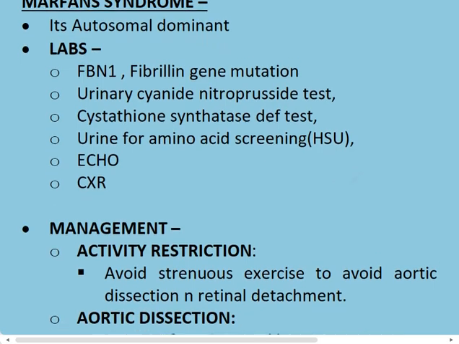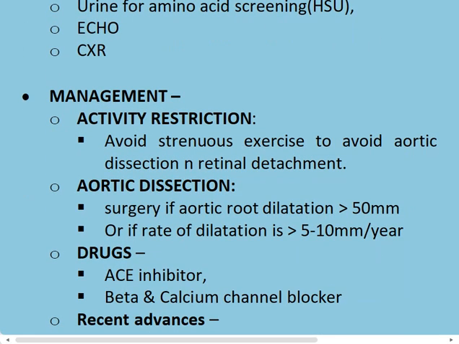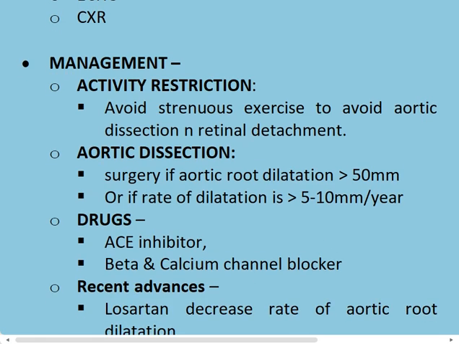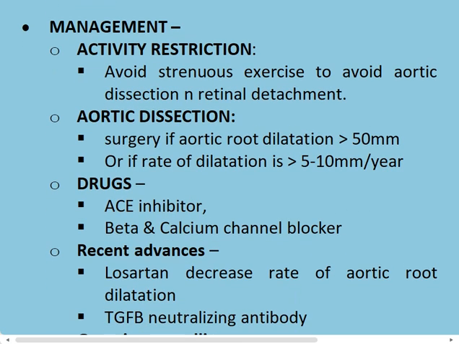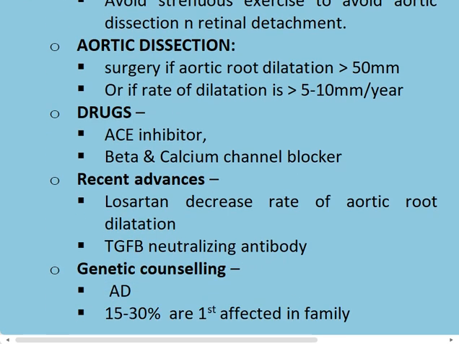So management of Marfan is you have to restrict the activity, avoid strenuous exercise to avoid aortic dissection and retinal detachment. Surgery if aortic root dilatation is greater than 50 millimeter, or if the rate of dilatation is more than 5 to 10 millimeter per year. Drugs used are ACE inhibitors, calcium channel blockers and beta blockers.